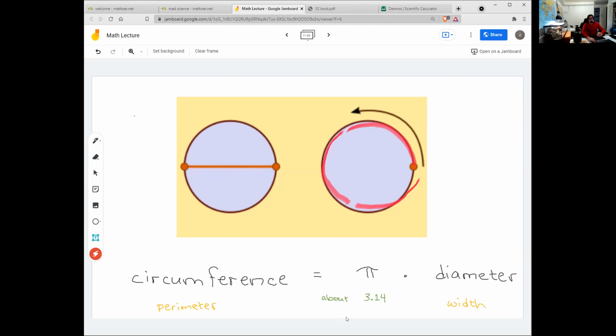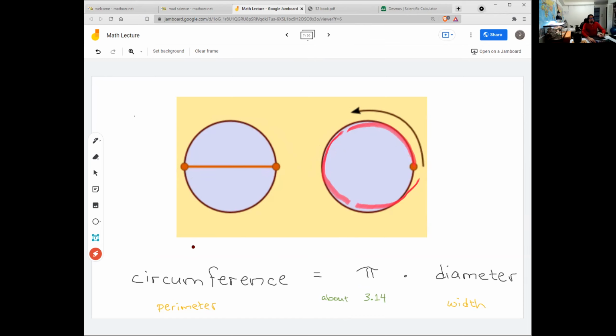If you were in construction, if you're making table legs or poles or pipes or something like that, and you wanted to make something circular, then you could either measure across and know that from that you could get the distance around, or you could wrap a string around something and know that from that you could get the distance across.